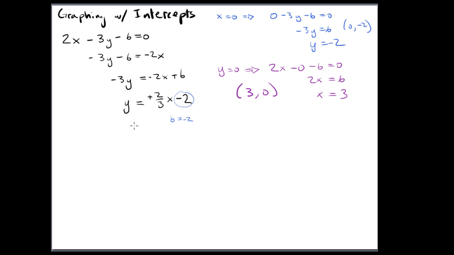And then we take our nice little grid, and I'm going to plot out 0, negative 2. So 0, negative 2 right there. And then 3, 0. 1, 2, 3 right there. And then you know what I do?